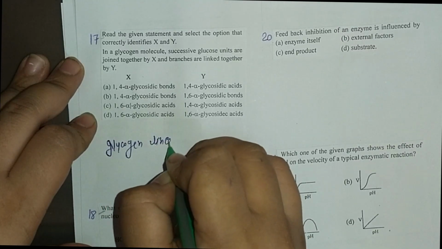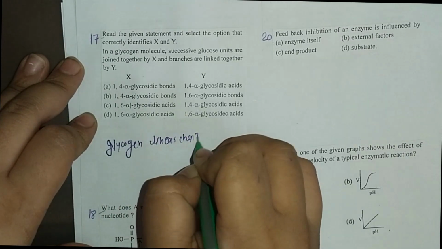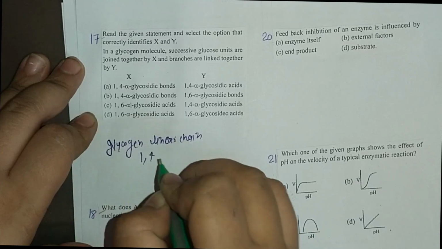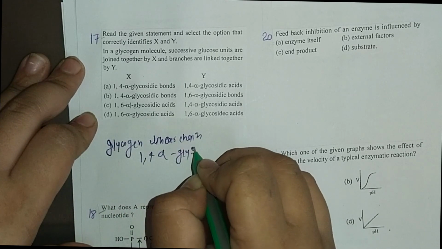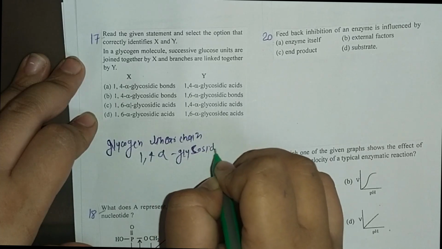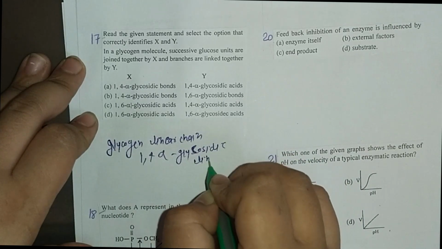So in glycogen linear chain, 1,4-alpha glycosidic linkage.